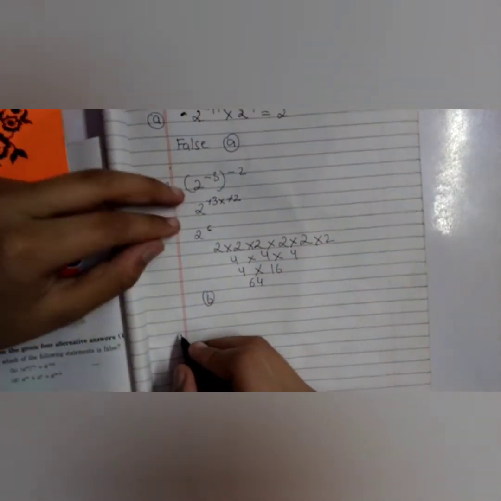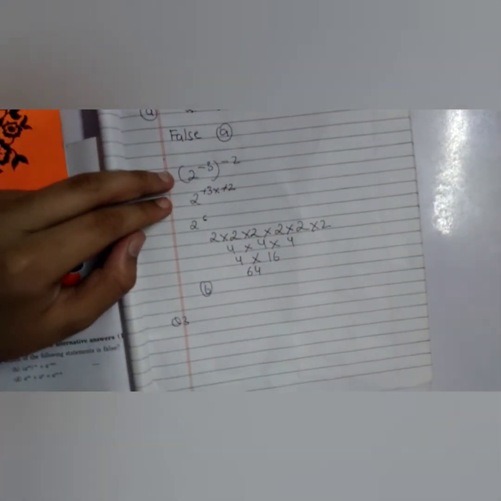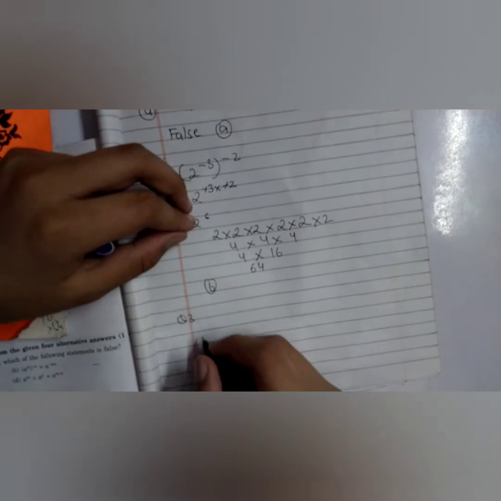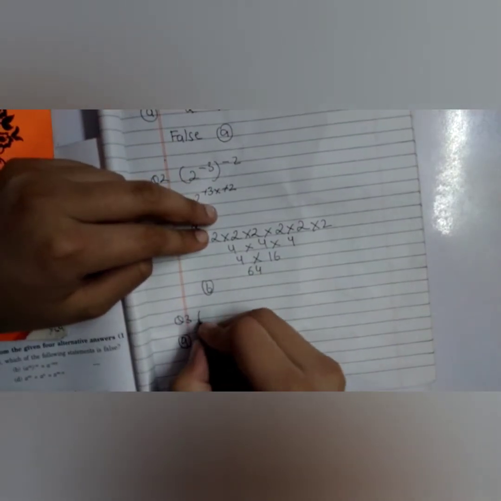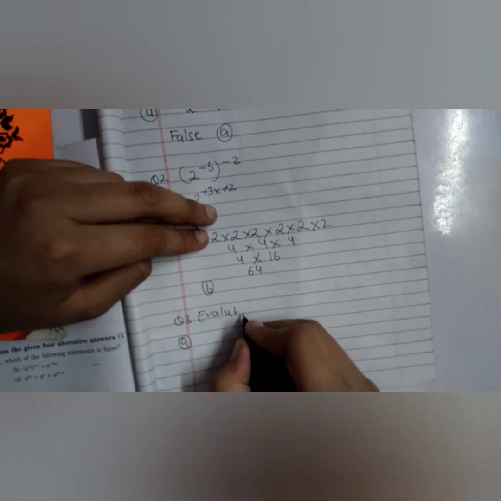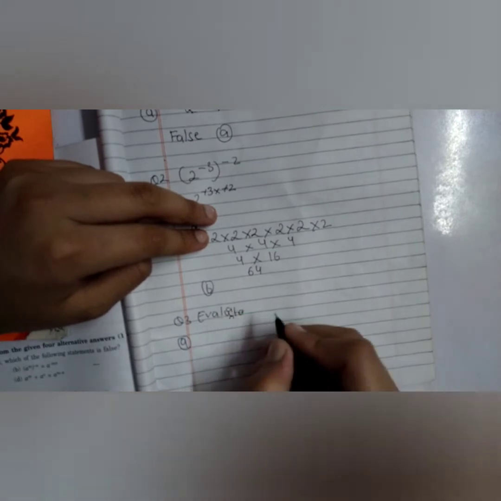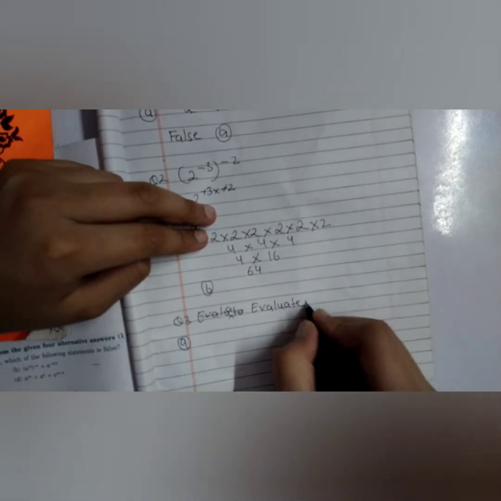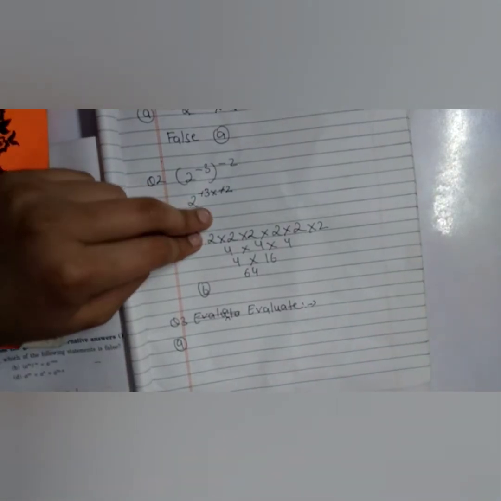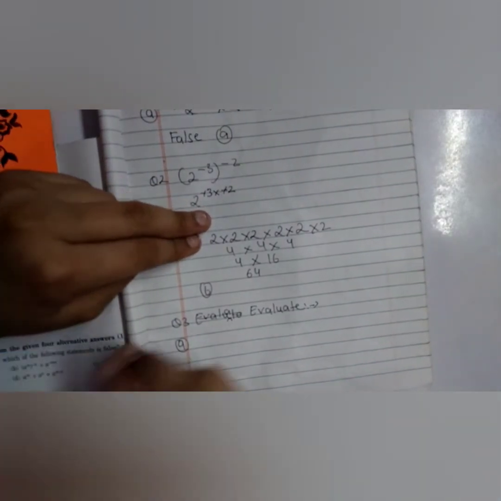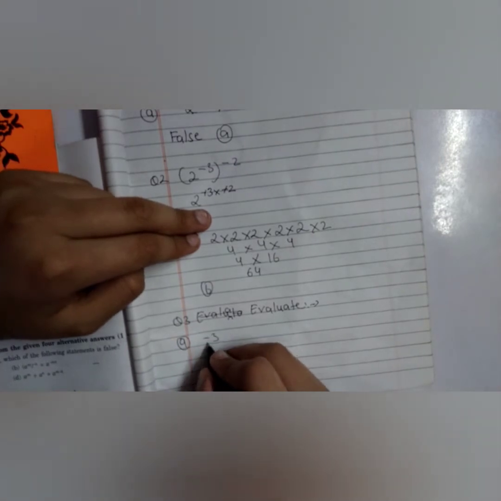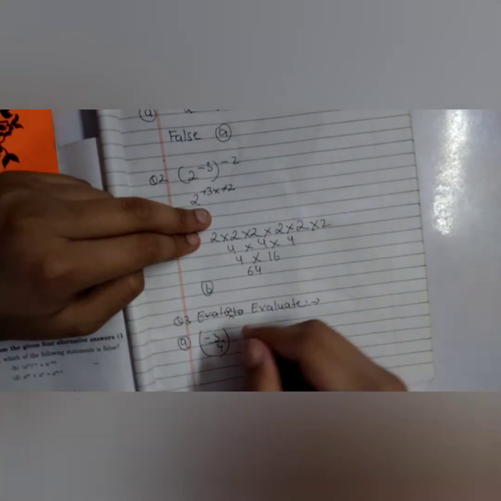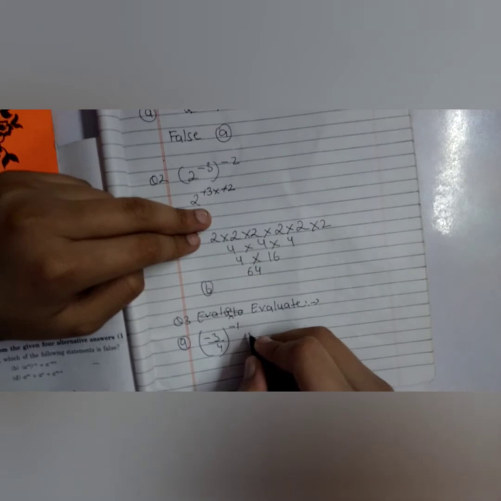Question 3rd, evaluate. First, part A is saying minus 3 upon 4 raised to the power minus 1.